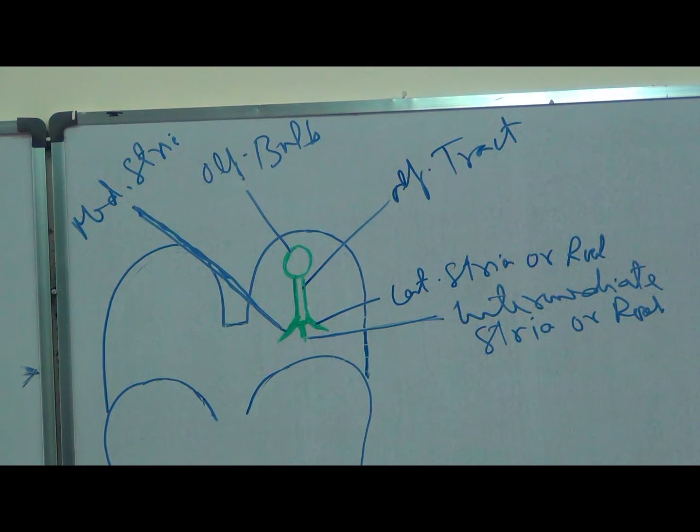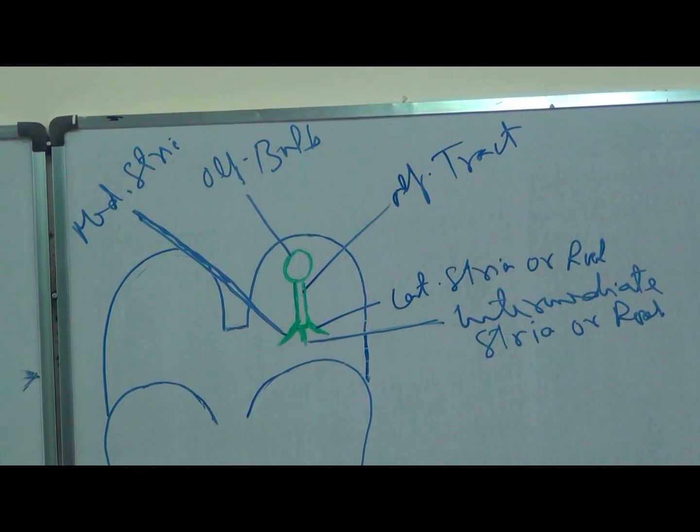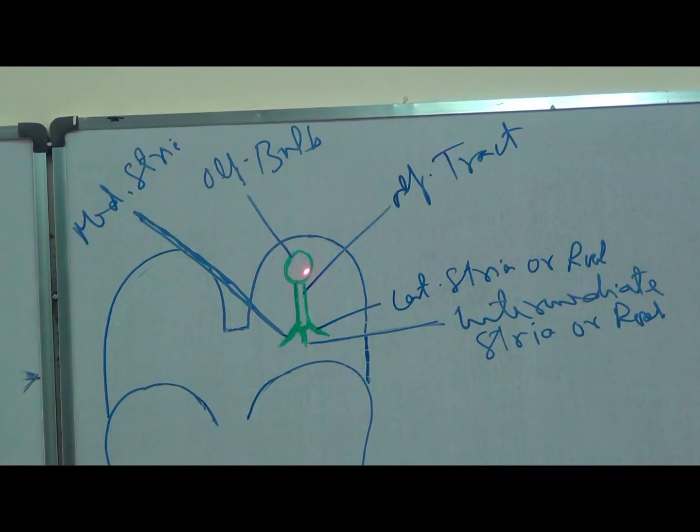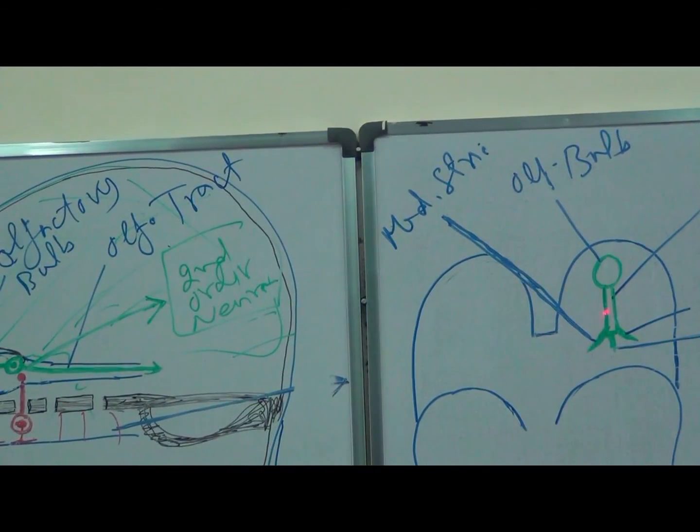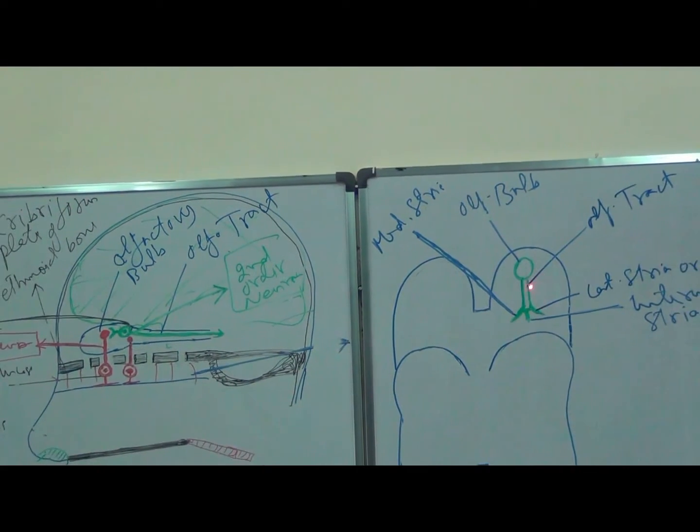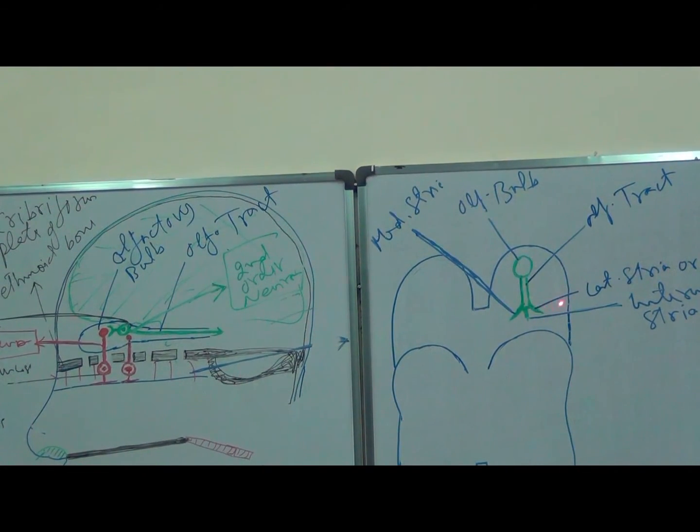The secondary olfactory neurons start in the olfactory bulb, their axons traverse distally as the olfactory tract, and the fibers of the olfactory tract then divide into lateral, intermediate, and medial striae or roots.